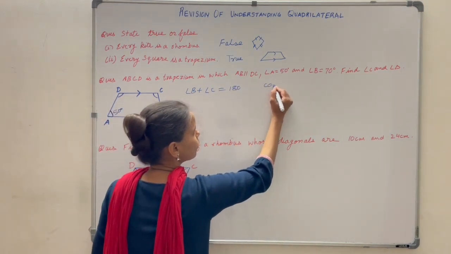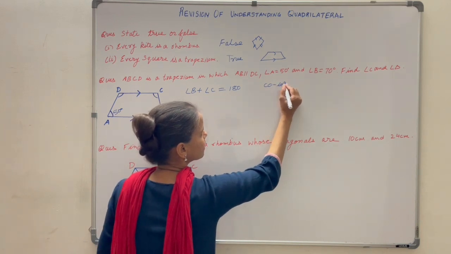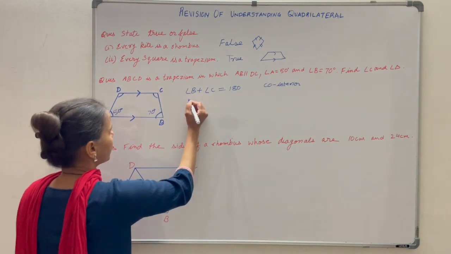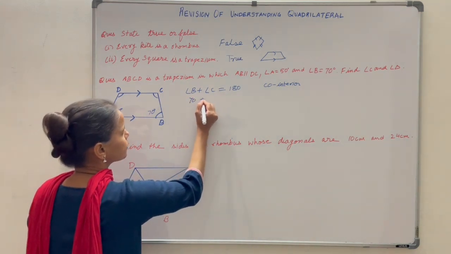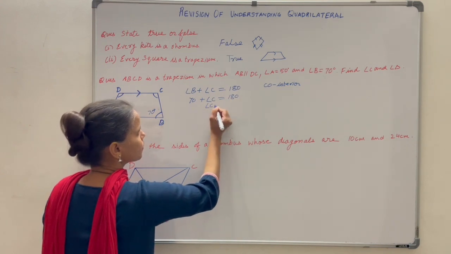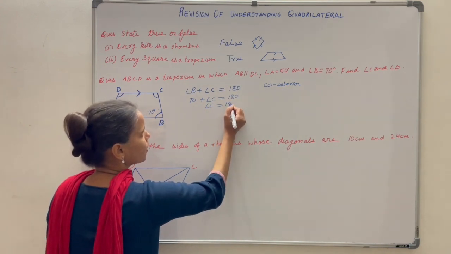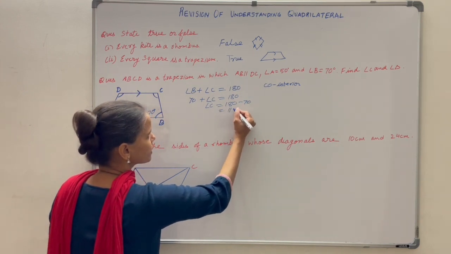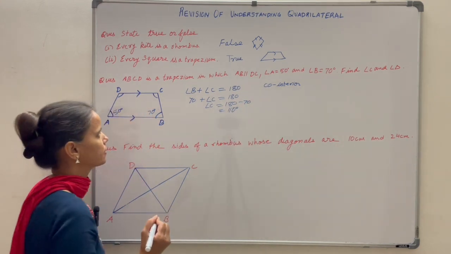Reason is co-interior angles. So angle B is 70 degrees. You need to find angle C. So angle C is equal to, when you change the side it will become minus, 180 minus 70, which is 110 degrees.